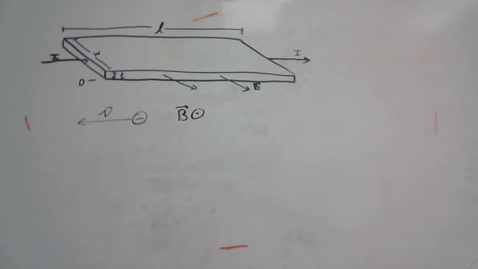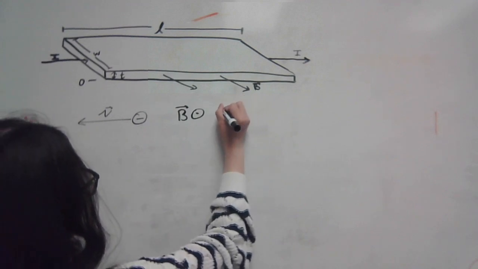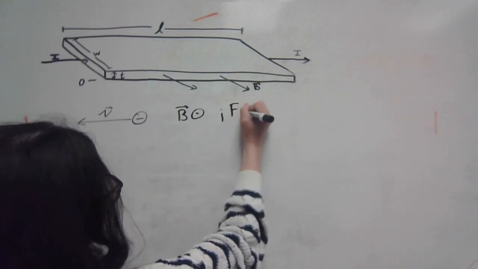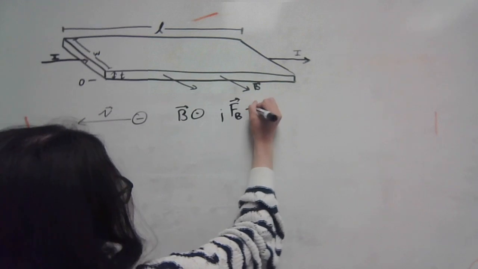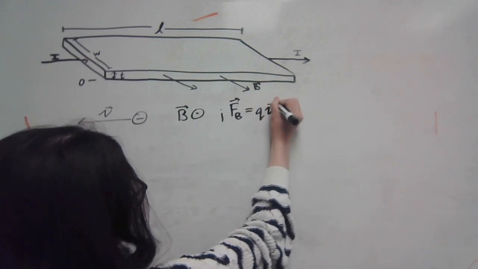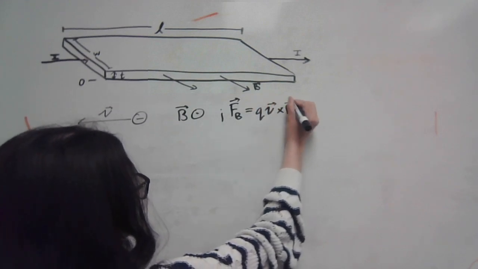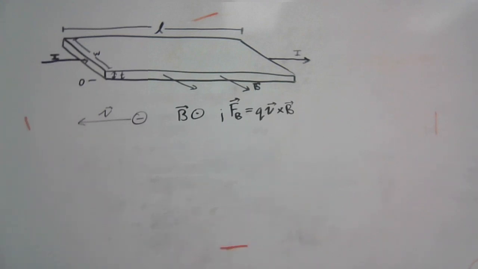So again, we want to look at the equation for force due to the magnetic field, equals qv cross B. But in this case, the moving charges are negative.